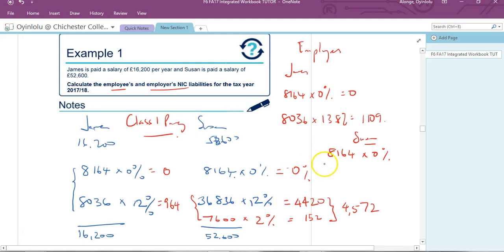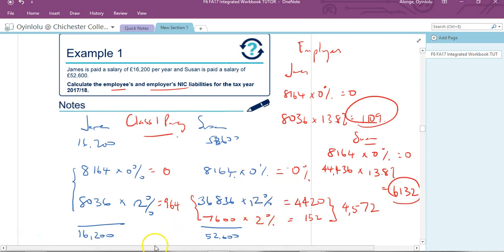There is no 2% higher boundary. That comes to 44,436 times 13.8%, and I will get 0 here, and I will get 6,132. So here I have employers 1,109 for James, and of course 6,132 for Susan. So that's example 1, your basic employees and employers NI. Great stuff. I'll see you in the next video when I do example 2.